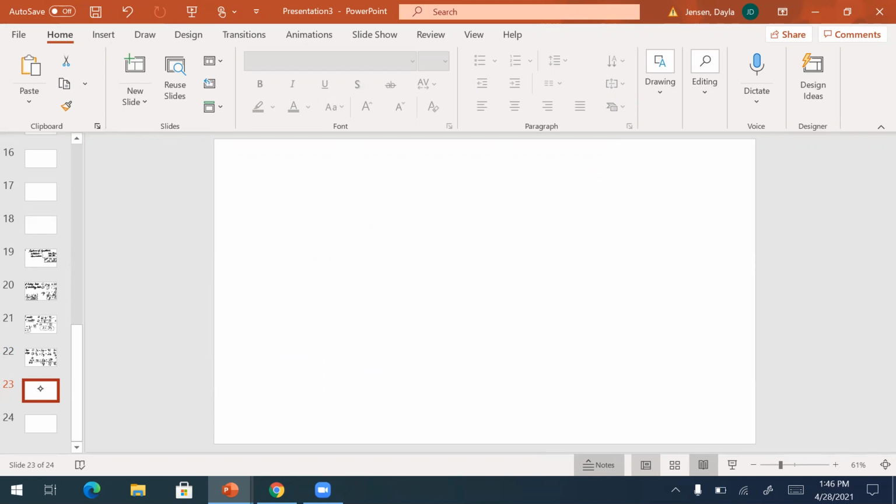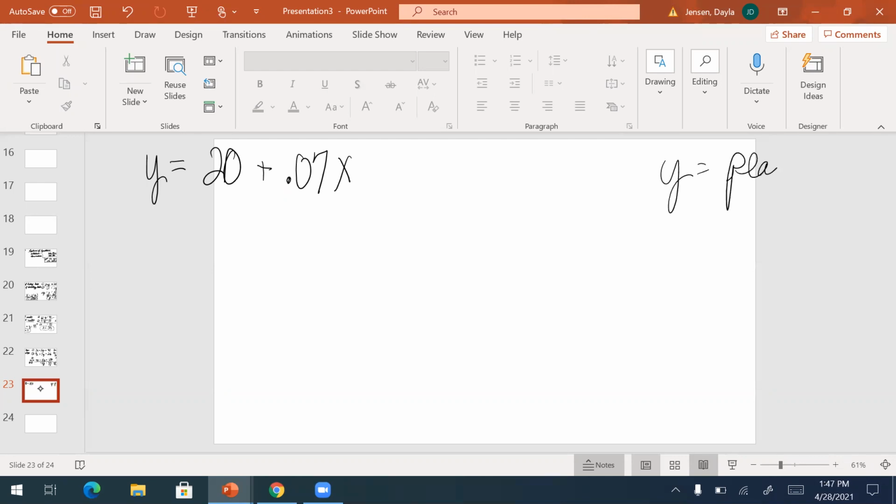A phone company, here's another example, offers 2 monthly plans. Plan A costs $20 plus an additional 7 cents per minute. So y equals plan and x equals minutes.